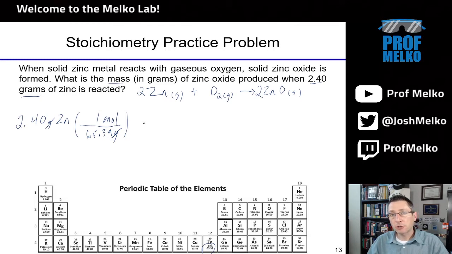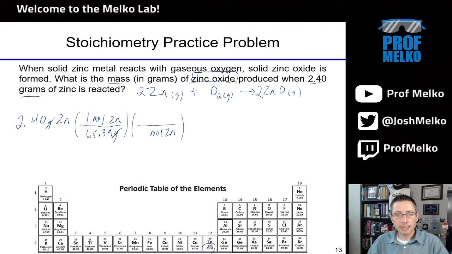You can punch this into your calculator and complete this calculation, or you can keep going onto step 3, which is now convert this moles of zinc to moles of the thing we want, zinc oxide.